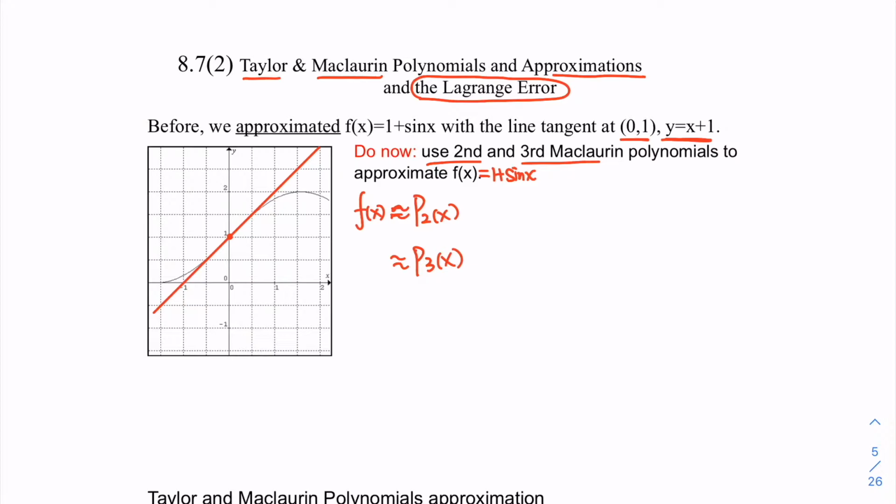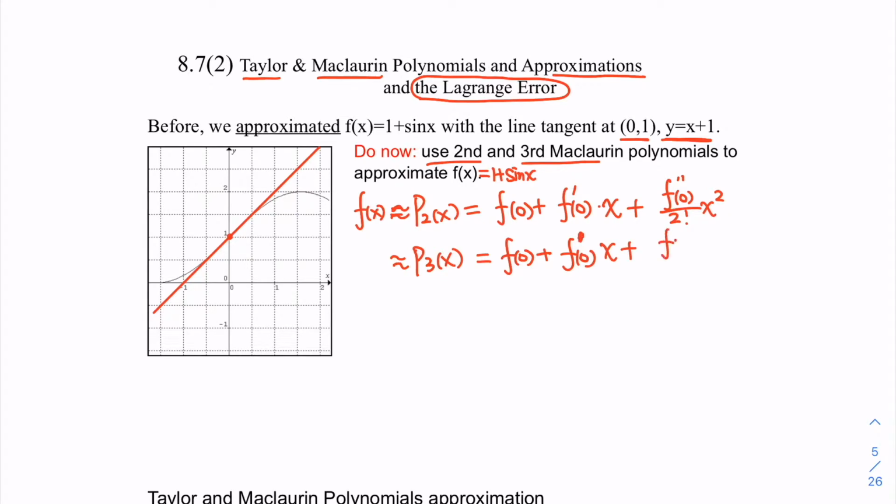As we know, P2(x) will be f(0) plus the first derivative times x plus the second derivative times x squared over 2 factorial, and for P3 we add the third derivative term. Now we have to evaluate f(0), f prime, f double prime, and f triple prime.